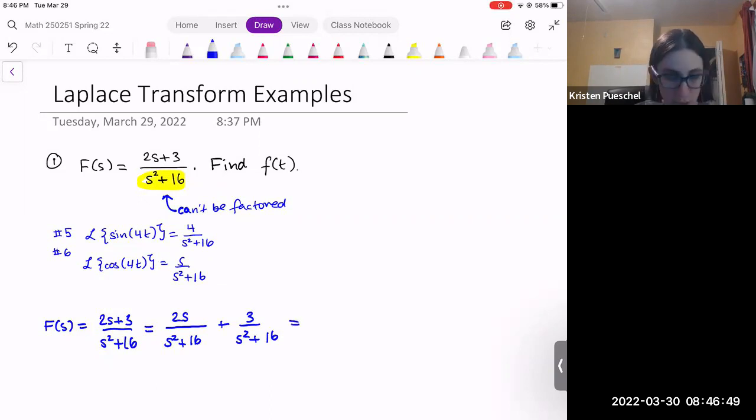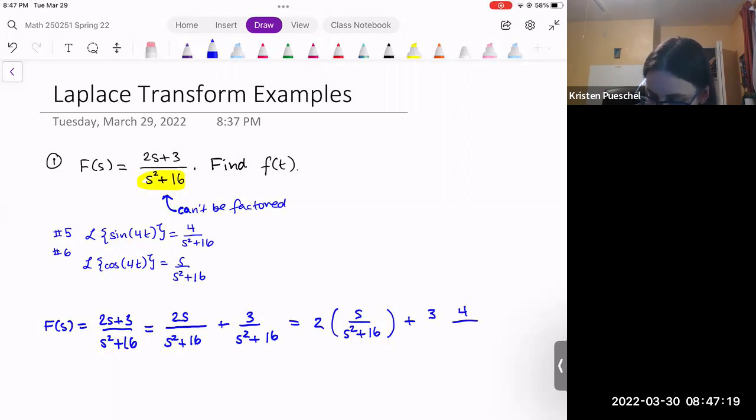And now I'm just going to manipulate these a little bit so that it looks like the expression that we see on the right side of these formulas here. So for cosine, we wanted s on top, s² + 16 on the bottom. And for sin(4t), we wanted a 4 on top. At the moment, we have a 3 as the numerator, and we would like to see a 4 there.